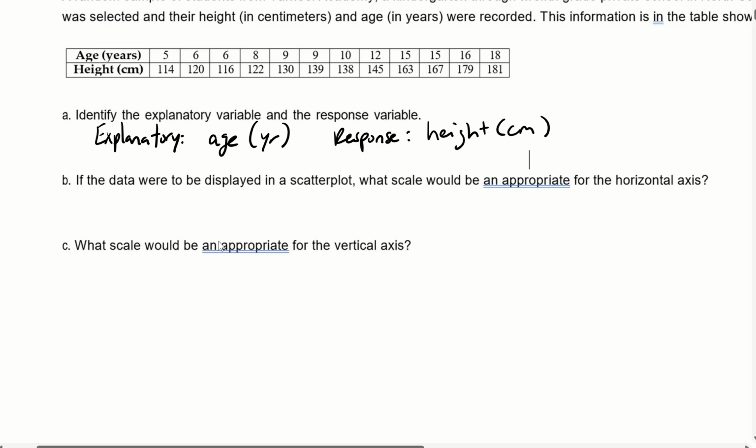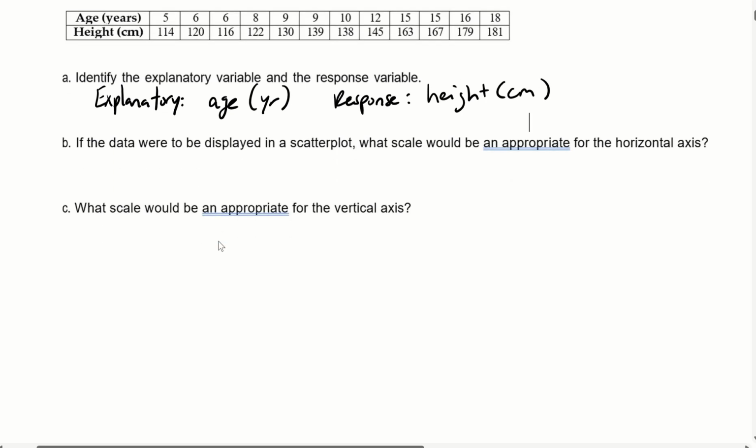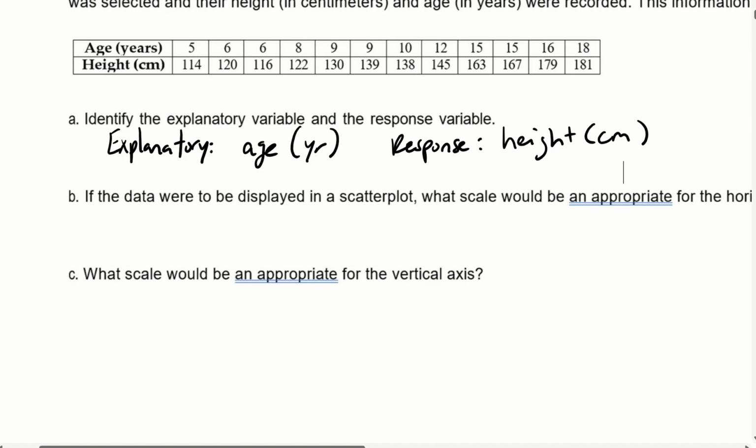Okay, and then part B, it says if the data were to be displayed in a scatter plot, what scale would be appropriate for the horizontal axis? So if you look at the age, it looks like the ages are from 5 to 18. And we have 6, 8, we have 10, 12. So you could potentially go by twos, right? So maybe starting at 4 and then going all the way to 18 and then go by twos.